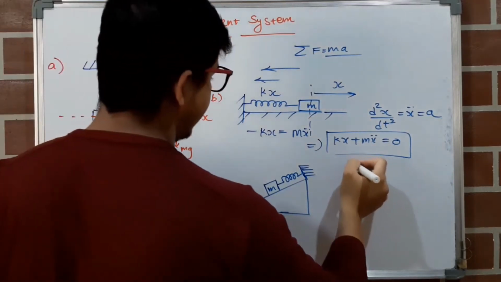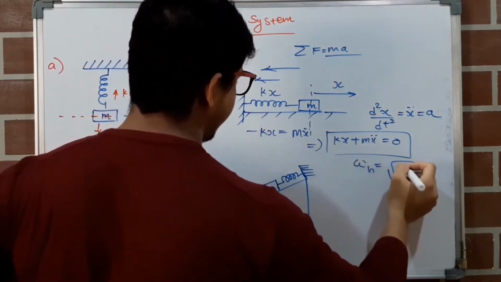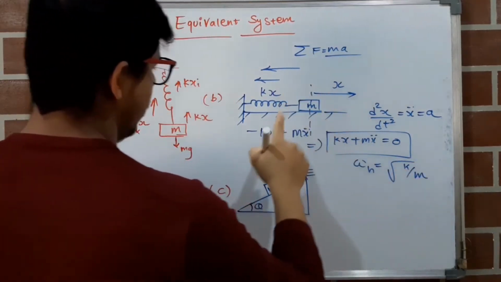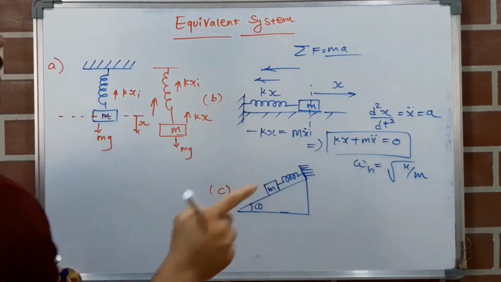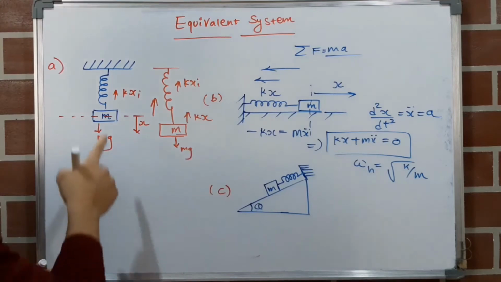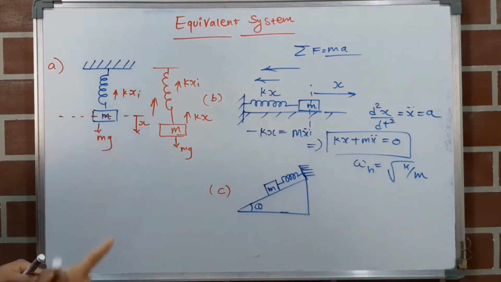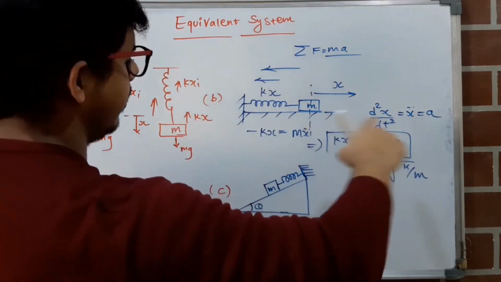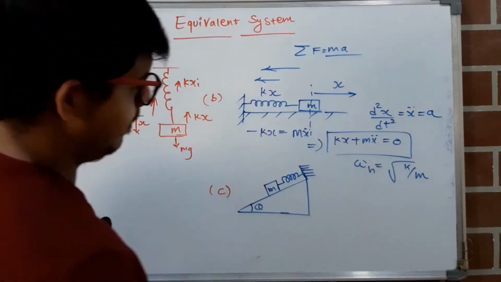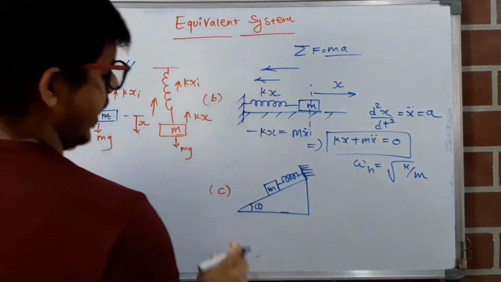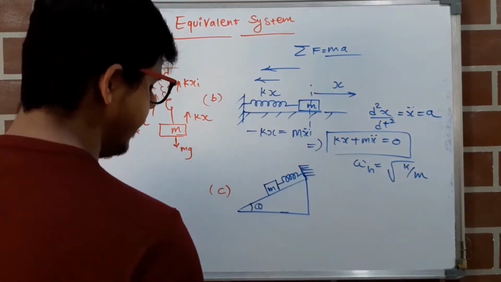So again we are getting the natural angular frequency as under root of k by m. So for case A and case B we are getting the same angular frequency, means if we suspend the mass vertically with the spring and if we put the mass horizontal with the spring, the natural angular frequency will be the same. Okay, now we are moving to case C.